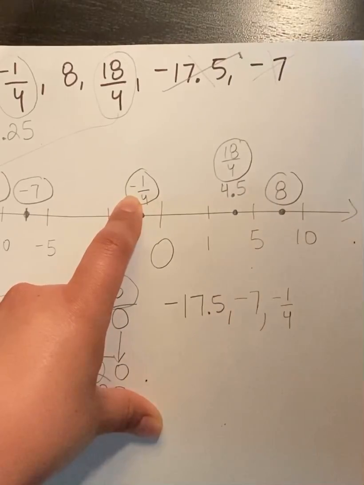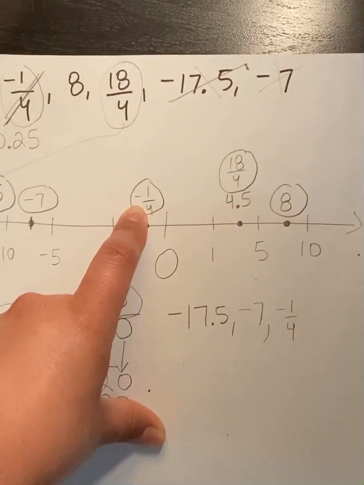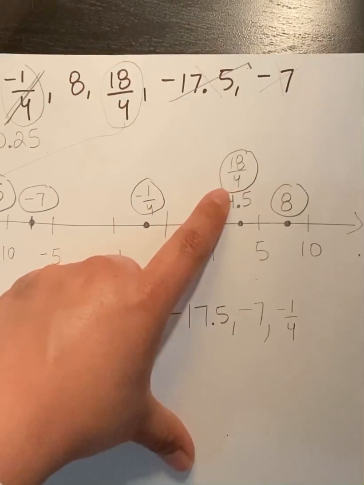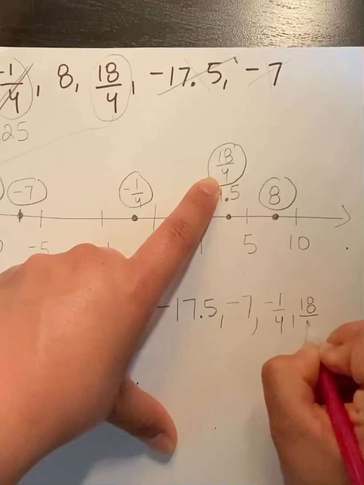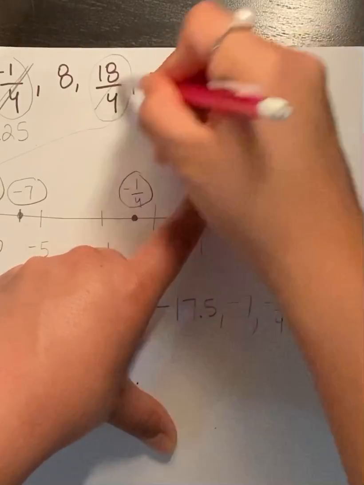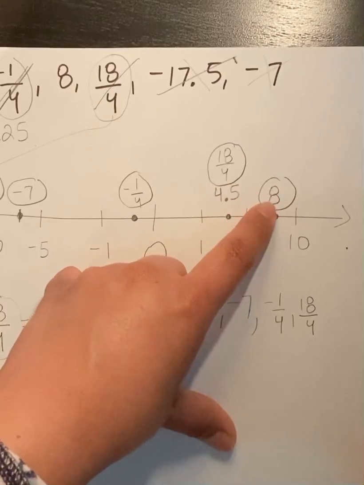Write -1/4, cross it out. And the next number I have is 18/4. I write that down, 18/4, and cross it out. The last number I have is 8.